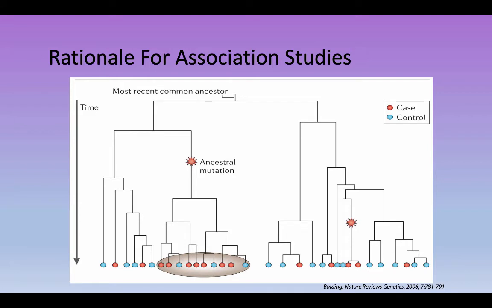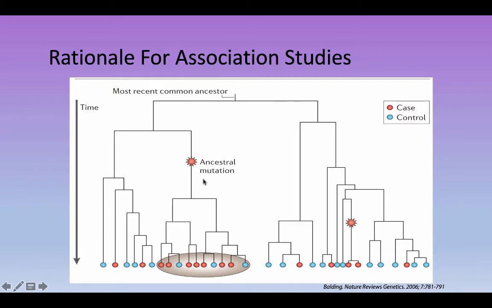So in the case of the case control, if we think about the rationale here, at some point there's a mutation which is going to lead to these cases. It's going to happen at some point, and it could have happened multiple times in different groups of individuals.